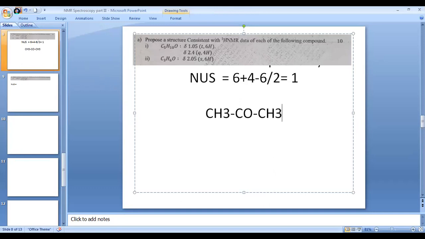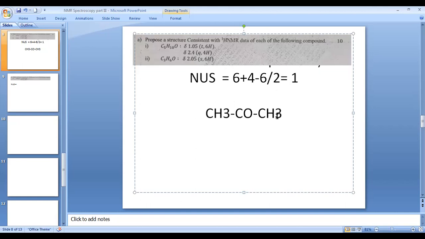Okay. So first you go for calculation of number of unsaturation or double bond equivalence. Once this job is over, you consider the next point, that six hydrogen atoms are there.